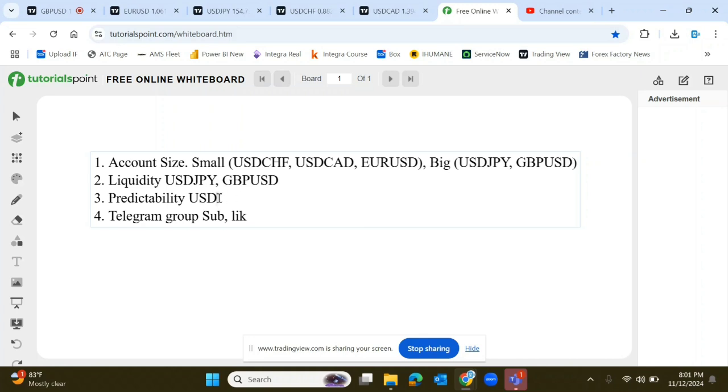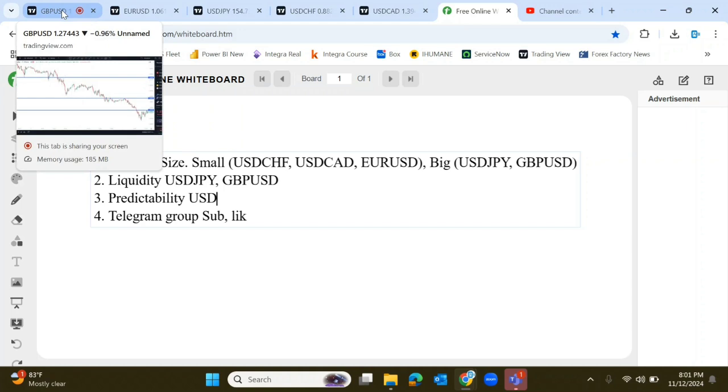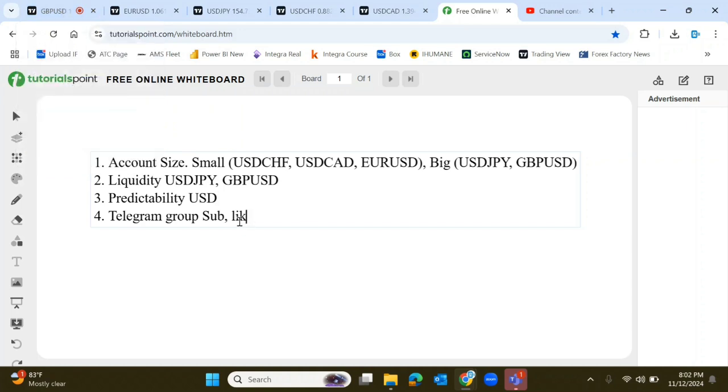Because USD is one of the stable currencies in the world, and the pattern of its price movements is very predictable, so you can make your own technical analysis and predict the direction in which the price is going to move.